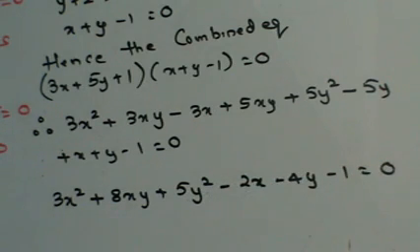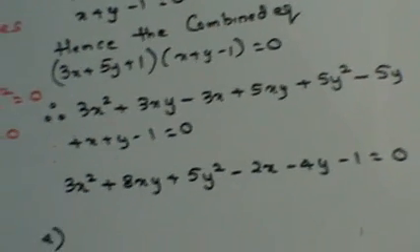So the combined equation of a pair of lines passing through 3 comma minus 2 is going to be 3x square plus 8xy plus 5y square minus 2x minus 4y minus 1 is equal to 0. Fine, do you get this clear? Next, let's see another sum.